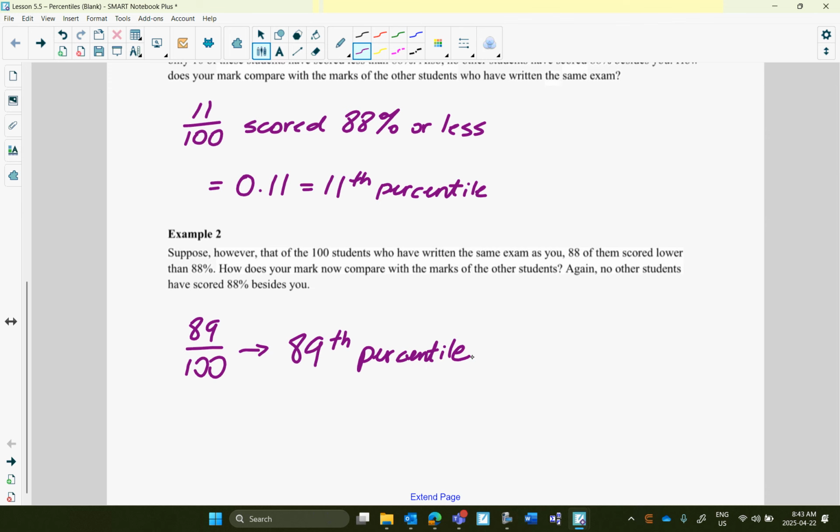So you can see that in the first example, you didn't do that great in relation to the others. But in the second example, you did very well in relation to the others.